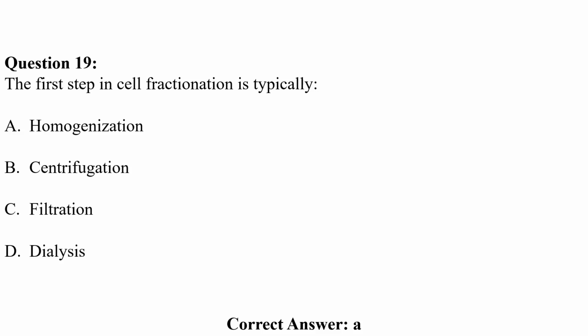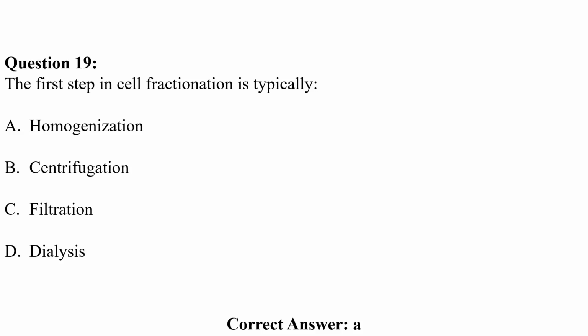So if I give you any tissue sample, let's say a liver sample or a muscle sample, and I ask you to fractionate the cell, like take out the nucleus separately, take out the mitochondria separately, take out the different organelles separately, what will you do? First, you have to homogenize the cell.